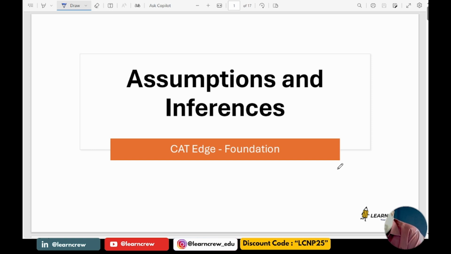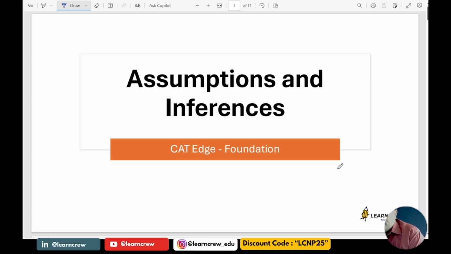So it is an assumption. From the statement that John is absent from work, what can be inferred? John might be absent because he has a family emergency. That is a logical connection based on evidence. Like that, the assumption and inference can be differentiated.